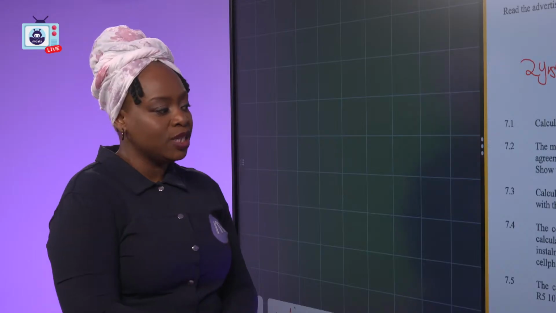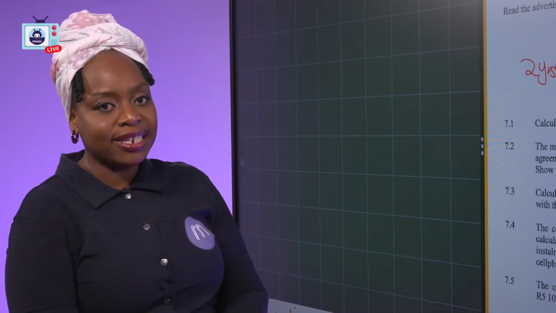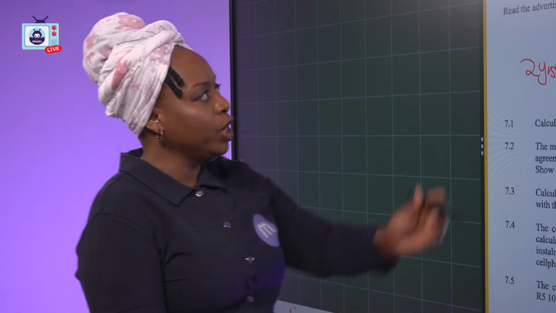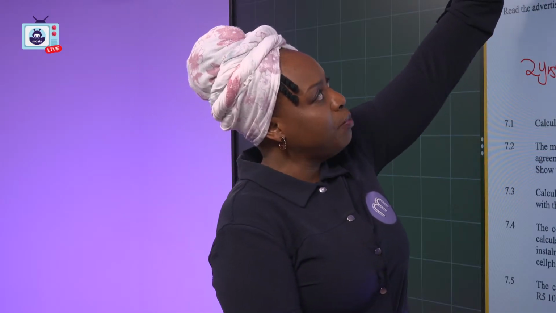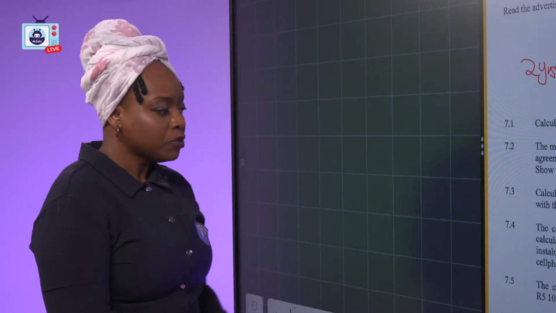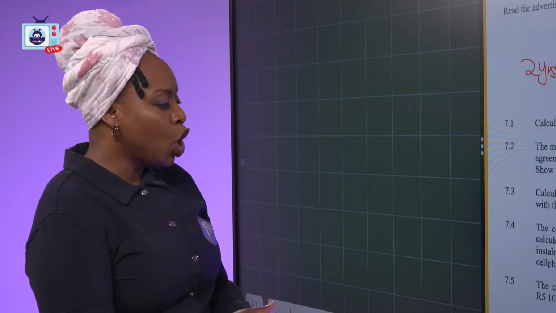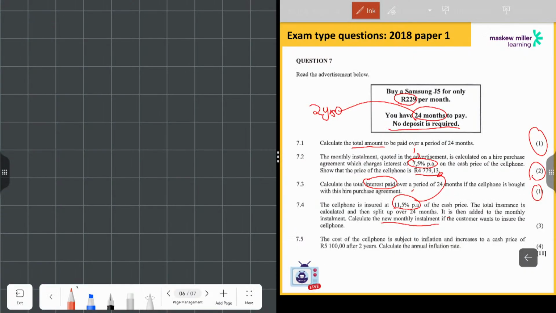Then we have the last one. Let's check this one, and it has 4 marks. Let's see how we're going to get to it in a productive way. Here we're told the cost of the cell phone is subject to inflation and increases to a cash price of 5,100.